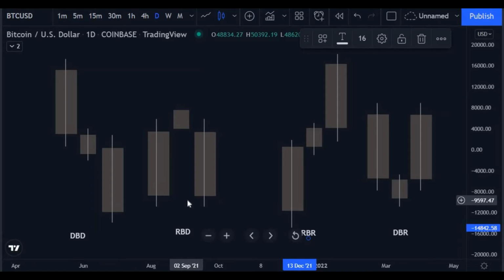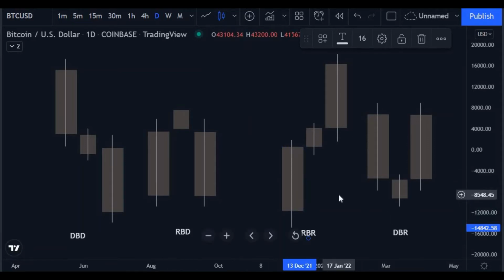But before I do so, like I said earlier, both your drop base drop and rally base drop are supply setups. These setups are used to identify areas where we have more selling pressure, where sellers see value, where we have the presence of a lot of sellers compared to buyers.